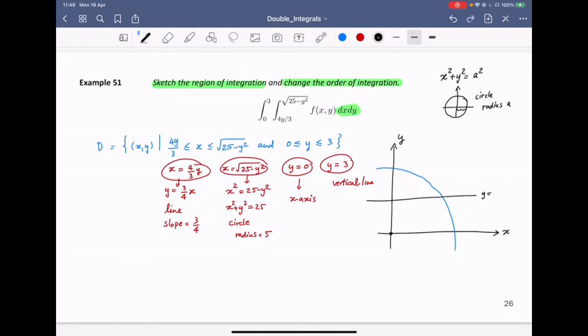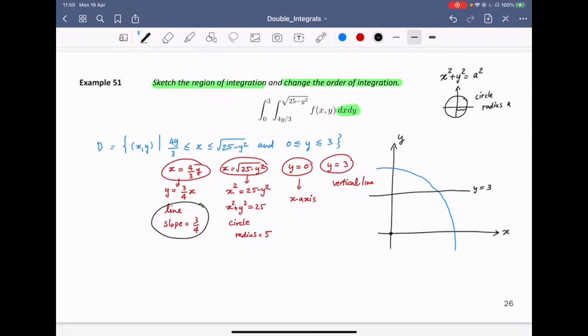If you want the scale to be more perfect, well, this is just a rough sketch. So that is y equal to 3. After that, I have the line with slope 3/4. When you draw the line y equal to 3/4 x, it passes through the origin and has slope 3/4.